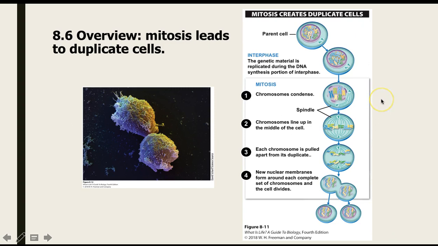So just heads up. Okay, so that's interphase, and remember that interphase was the majority of the cell cycle, and that the mitotic phase includes mitosis, which is what happens to the nucleus, and cytokinesis, which is what happens to the cytoplasm.